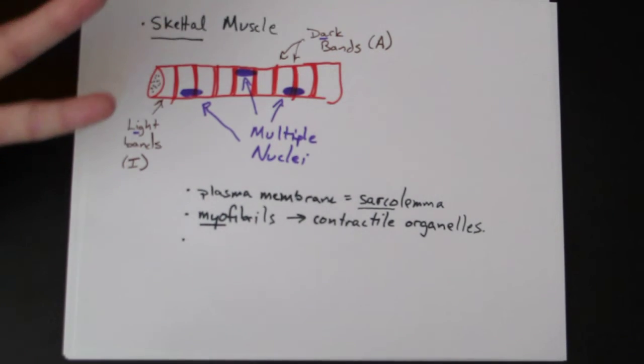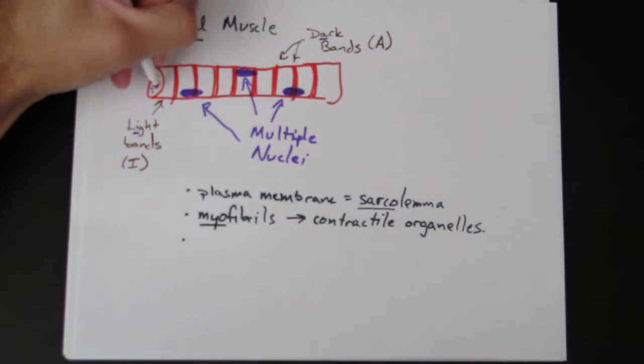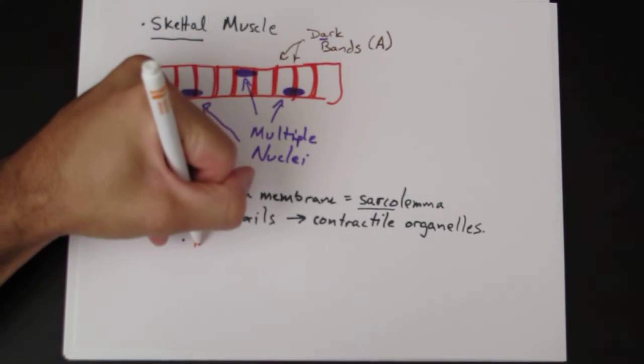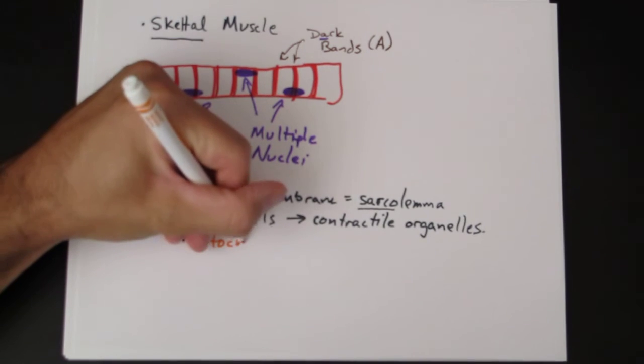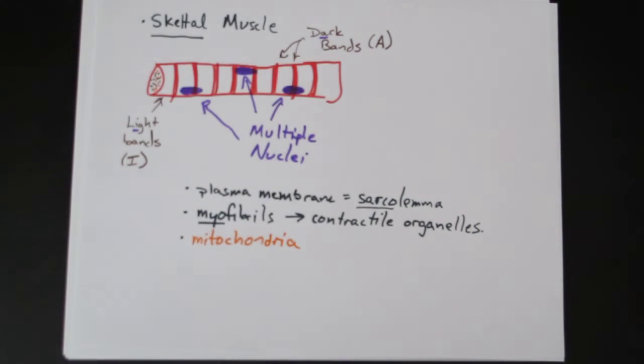And we're going to blow those up here in a couple of minutes, and we're going to take a close look at what one of them looks like. And then, of course, the other thing that we have a lot of in this muscle fiber is a lot of organelles called mitochondria, which are small, they don't take up a lot of space, and our skeletal muscle cells are just jam-packed full of them.